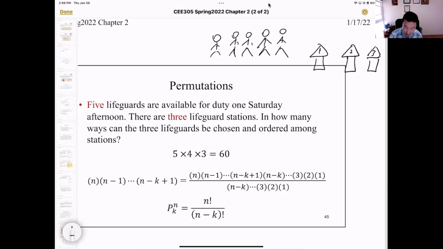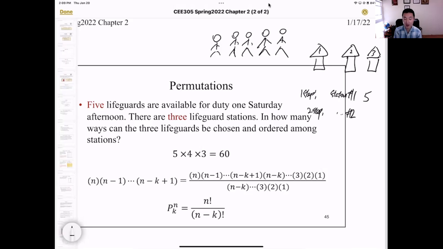So the first step, we need to choose 1 lifeguard for station number 1. Because we have 5 lifeguards, we have 5 ways. The second step, we need to choose a lifeguard for station number 2.